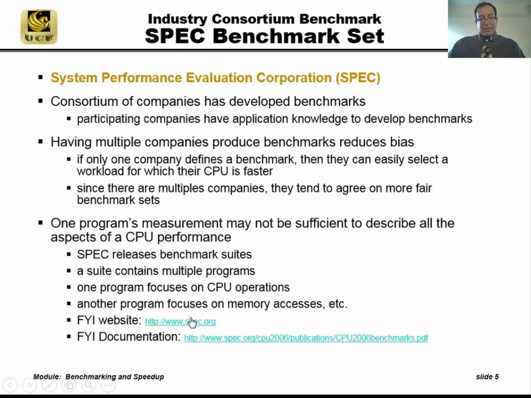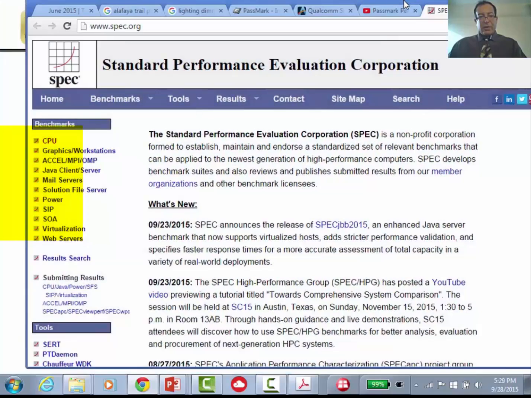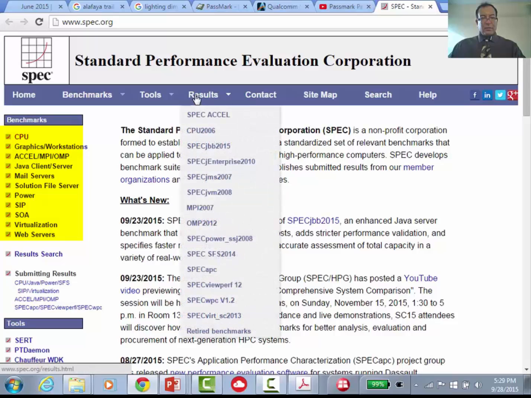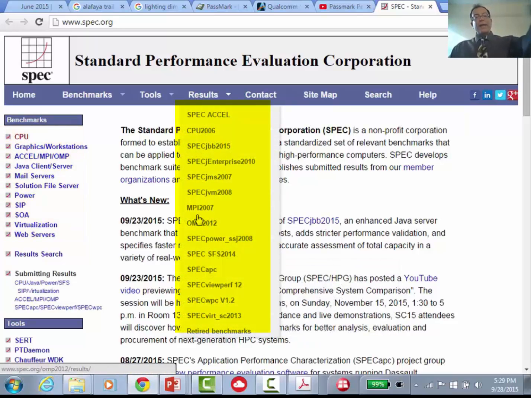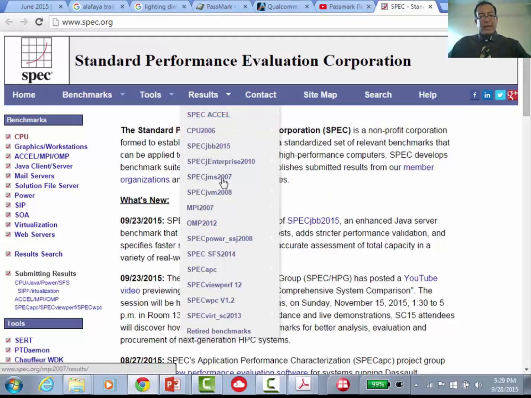So we look here, SPEC. They have a website. You can go there. I'm not going to take too much time. It's a good thing to do out of class. You can browse this. They'll have a bunch of results for different versions. Some are more math. We use CPU 2006. This is kind of the balanced one. I just showed you the chart. But some go even more math, more this and more that.